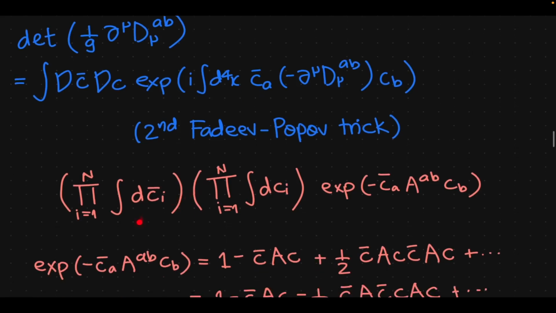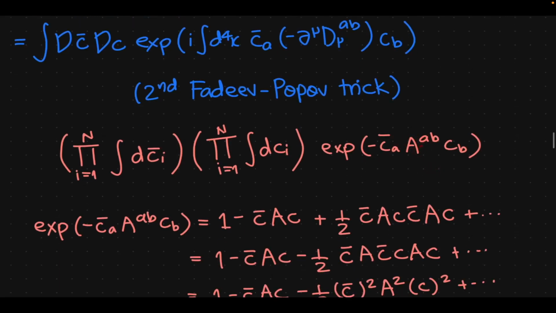Well, we can evaluate this path integral by chopping it into a product of the integrals over these individual fields. We're going to chop them in time, which is essentially the definition of this path integral in the most hand-wavy sense. A product from 1 to n, and again we take the limit n goes to infinity, but that's not important. Integral dc_i bar, integral dc, exponential minus c_a bar A_ab c_b, which I'm going to set A to something in the end.